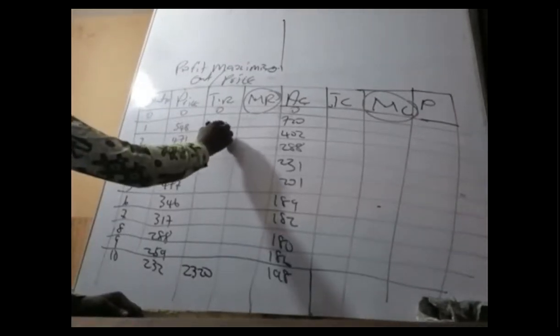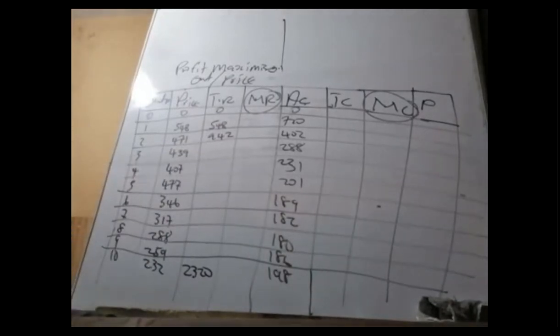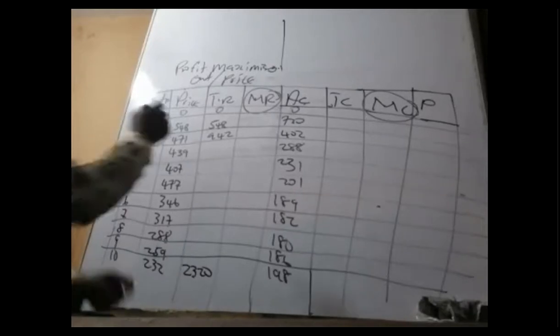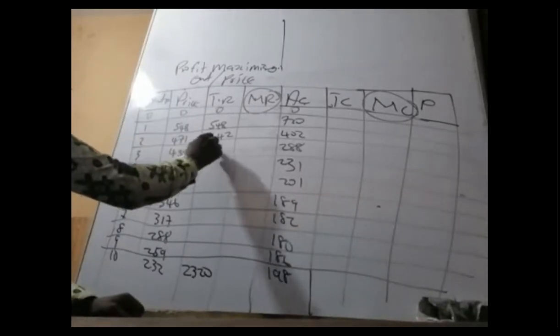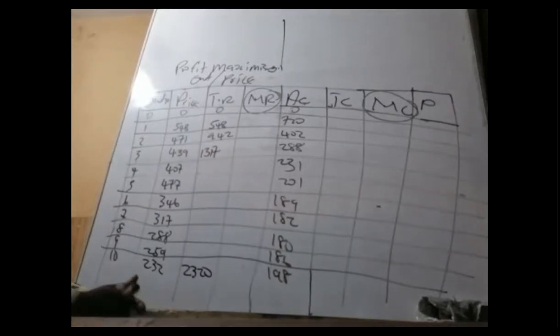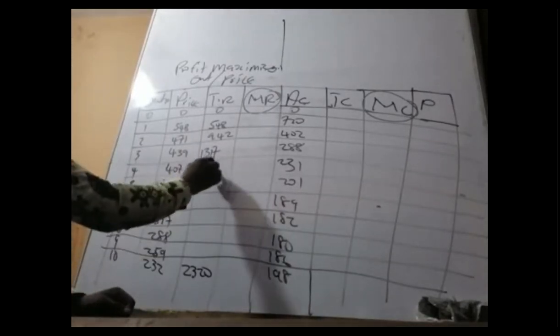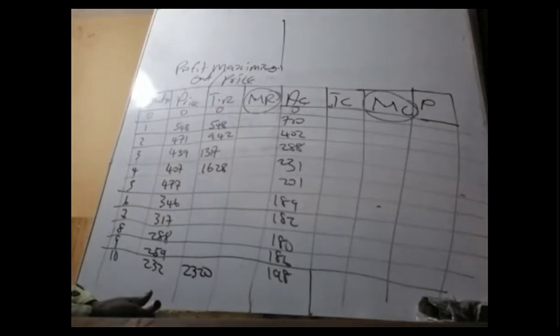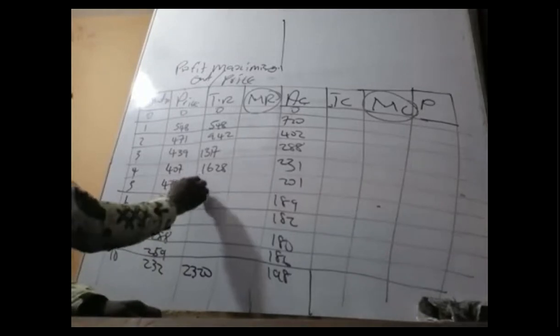So 9, 4, 2, and 13, 17, 16, 28. Then we have 2385.